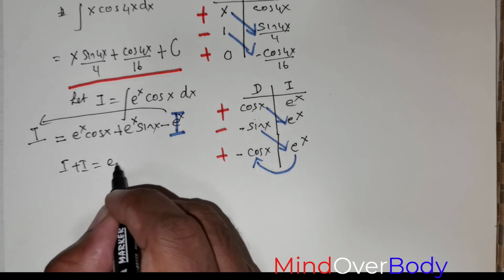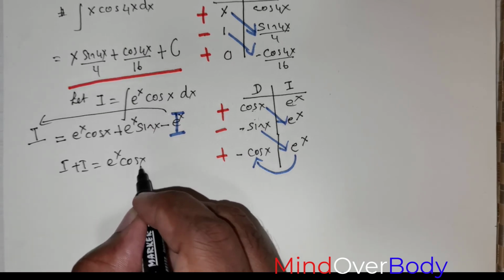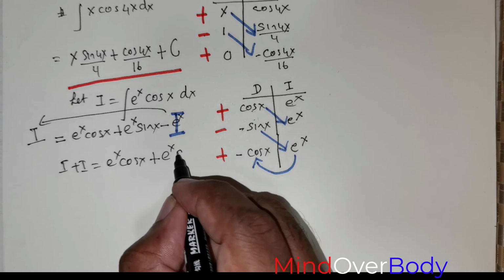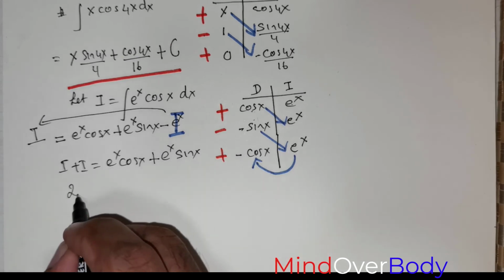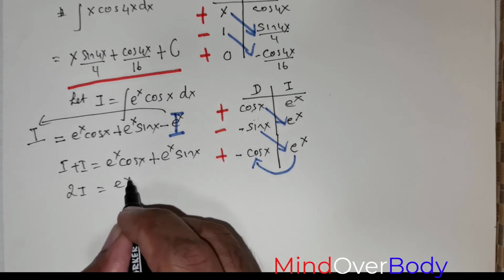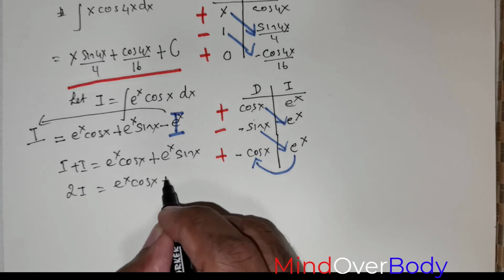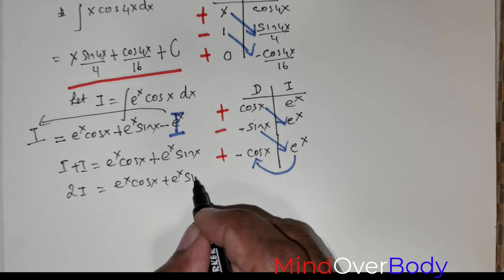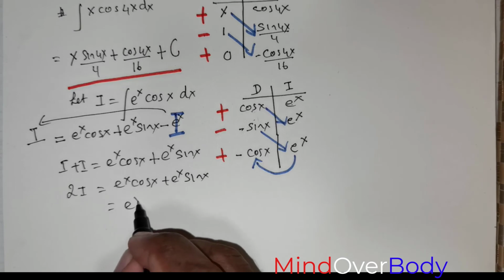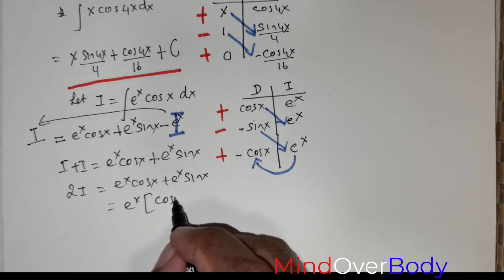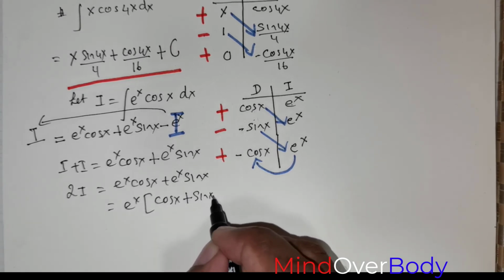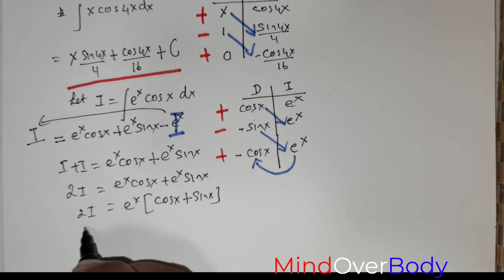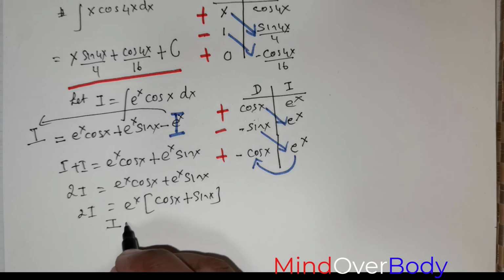I is equal to e raised to the power of x times cos x positive e raised to the power of x times sin x. Now this is going to be 2 times I is equal to e raised to the power of x times cos x positive e raised to the power of x times sin x. I can take e raised to the power of x out. This is going to be cos x positive sin x. I got a 2I there. I can push the I down, I can push 2 down.